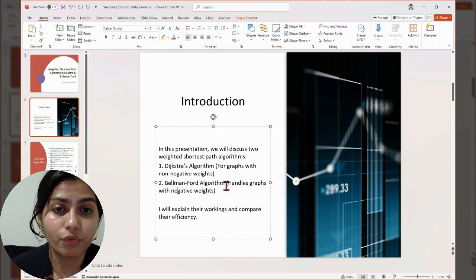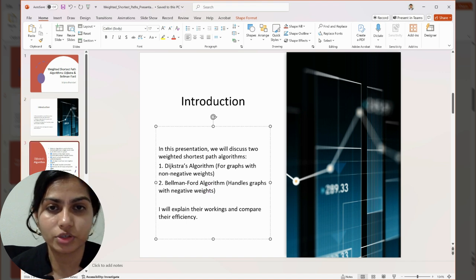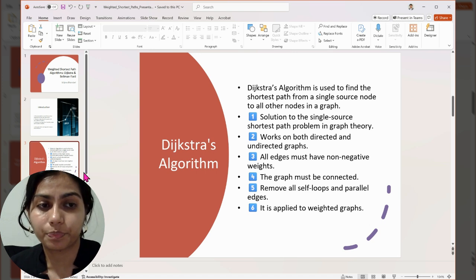Whereas the Bellman-Ford algorithm is an alternative that can handle graphs with negative weights, and it can even detect negative weight cycles. We will explore both algorithms and their applications.